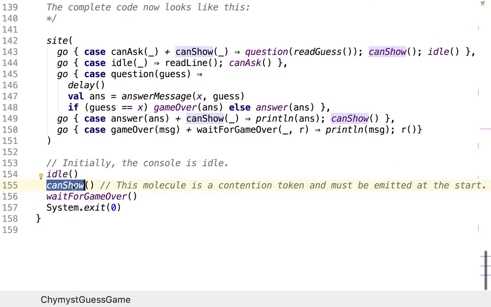So in this simulation, we have a single reader here. Well, we actually have another reader here. So we have two readers, but only one of them can be active at a given time. And we might have many writers, because many answers could arrive almost at the same time.